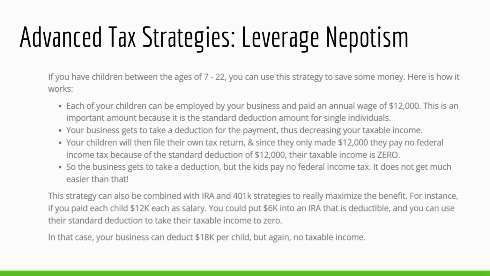So you just remove the tax liability on $24,000. Okay. You can also combine this strategy with IRA and 401k strategies in order to maximize it. An example would be if you paid them $12,000 each in salary, you could put $6,000 into an IRA that is deductible, and you can use their standard deductions to take advantage of the zero taxation at that income level. In that case, your business can take a deduction of $18,000 and it is all tax-free.